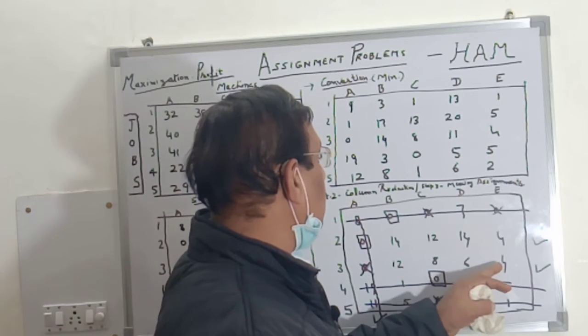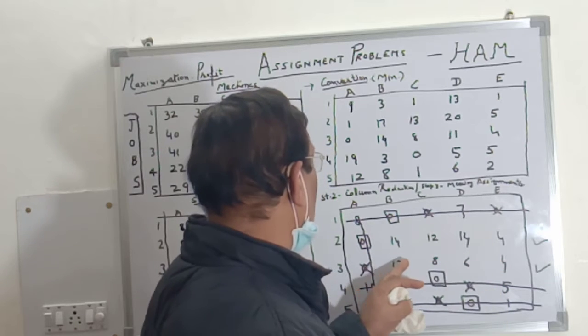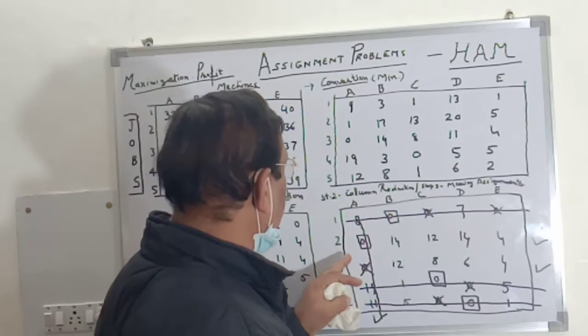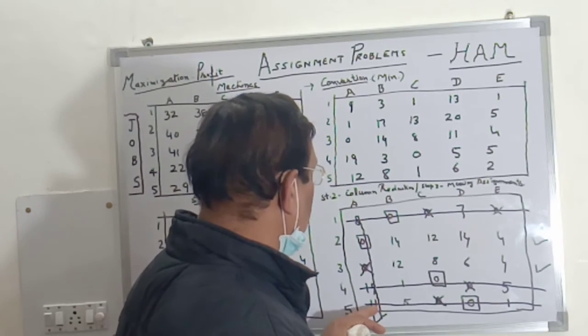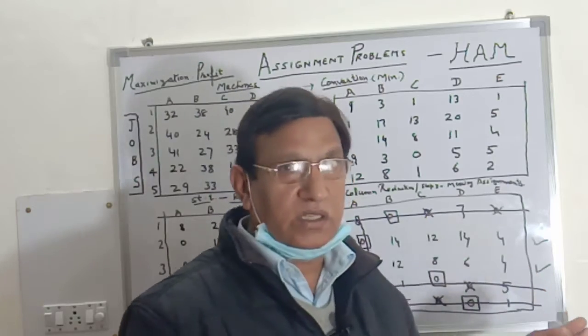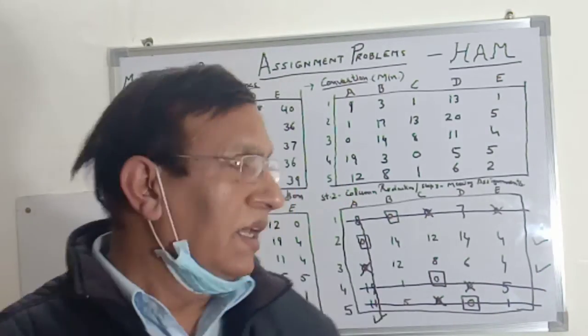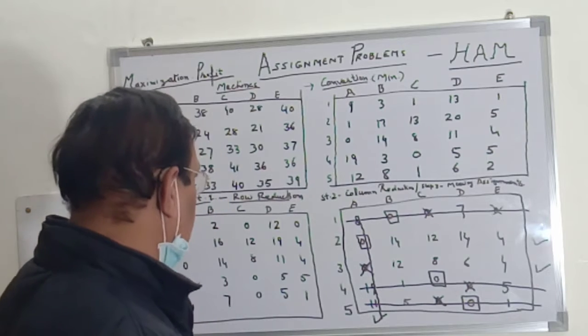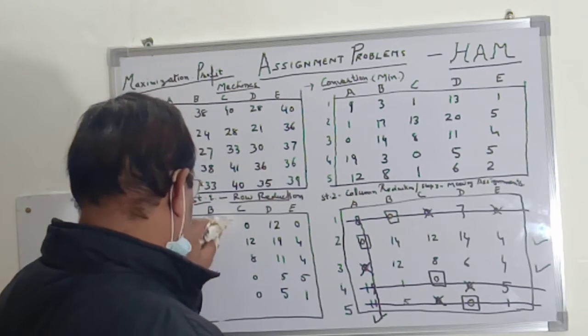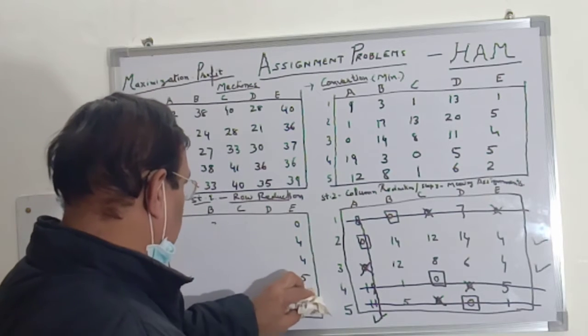Subtract this 4 from all the uncovered elements and add it to the elements lying at the intersection of the two lines, and other elements which are simply covered are not to be touched. So selecting the minimum element, and this minimum element is 4.